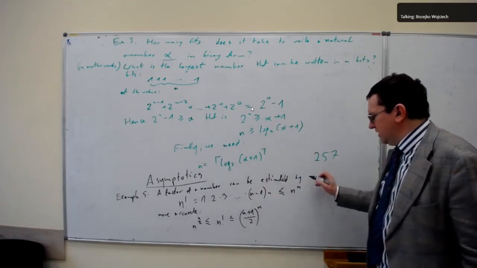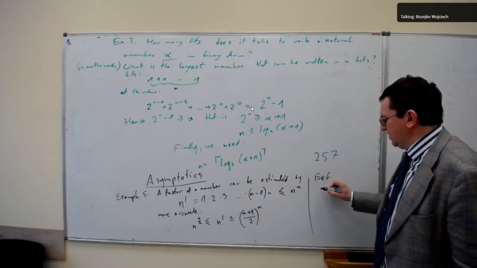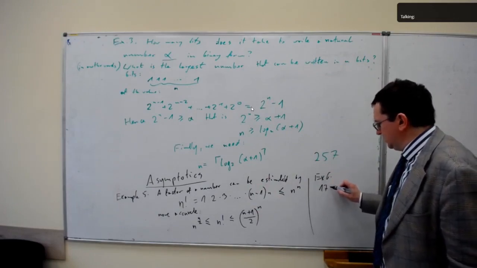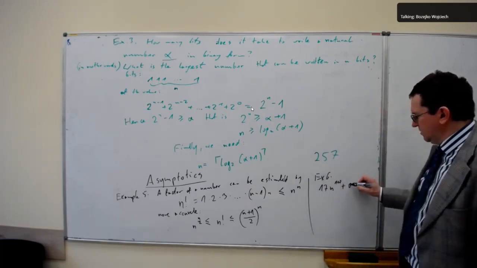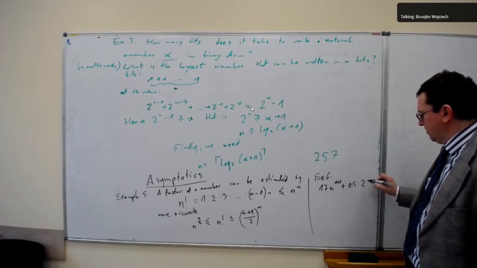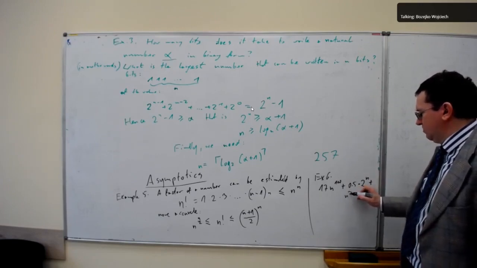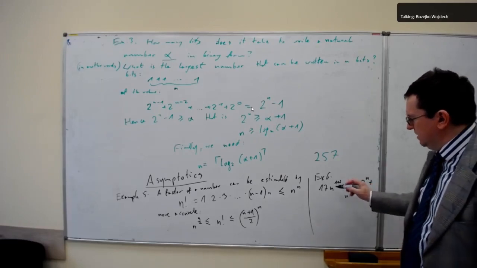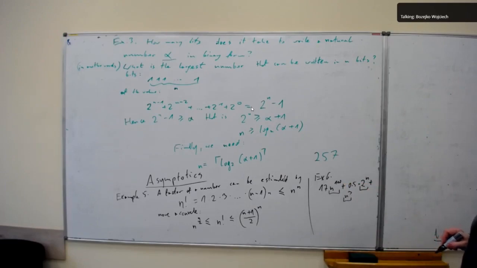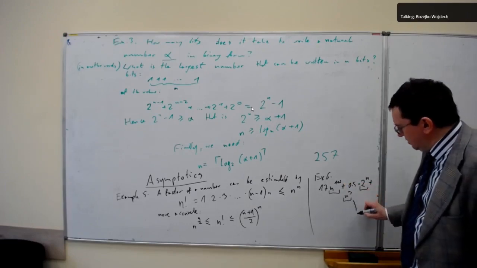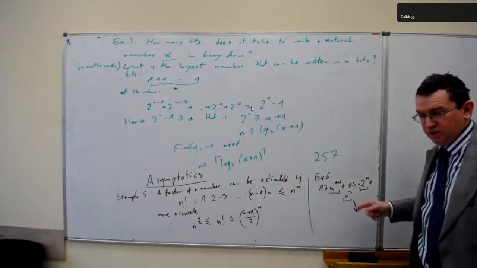For instance, example 6, if we have a function 17 times n to the power of 100 plus half times 2 to the power of n plus, let it be, n to the power of 3. So we have many parts of this function, but if we go to the infinity, in fact this n to the power of 3 doesn't matter.